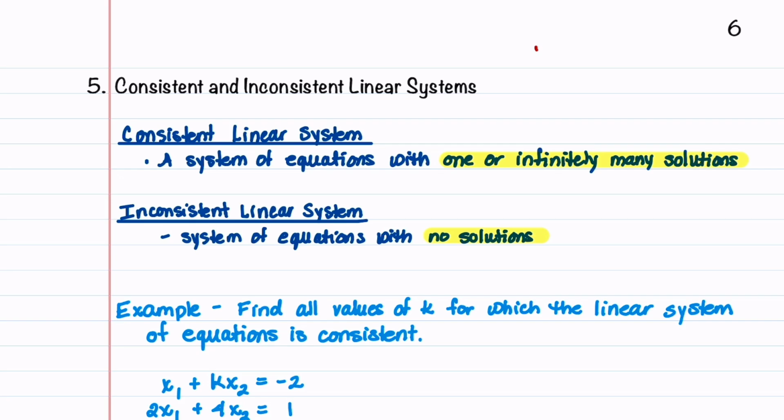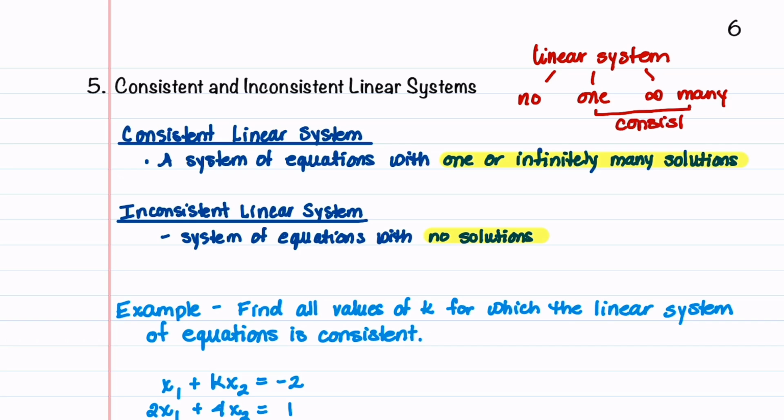So let's say we have a linear system. We learned previously that it can have 3 solutions. So no solution, 1 solution, or infinitely many solutions. If it has 1 or infinitely many solutions, it's consistent. And if it has no solutions, it's inconsistent.